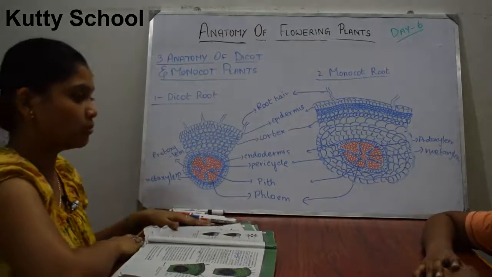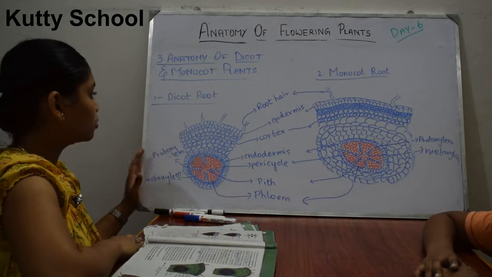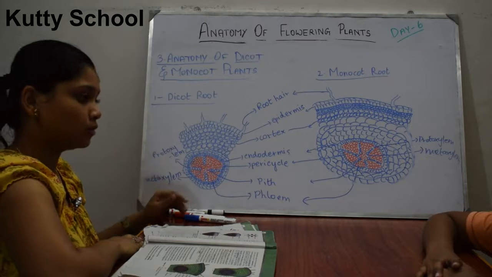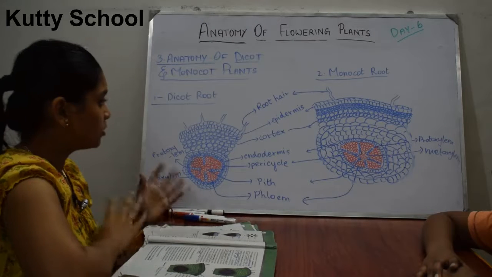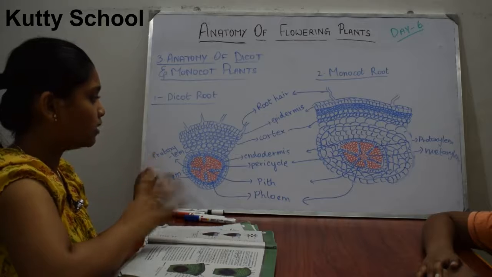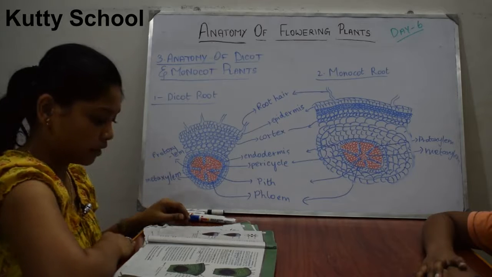So the structure is similar, and dicot roots perform secondary growth after maturation, but monocot roots do not. Mostly both are similar in every aspect.